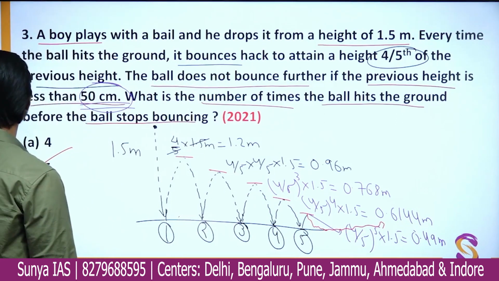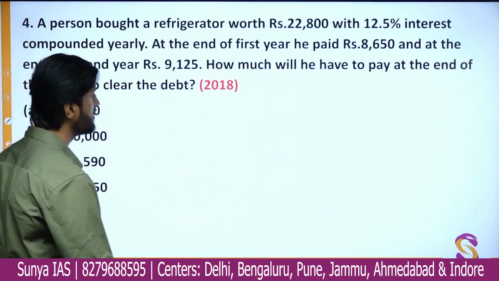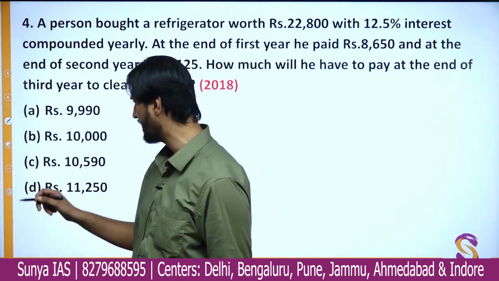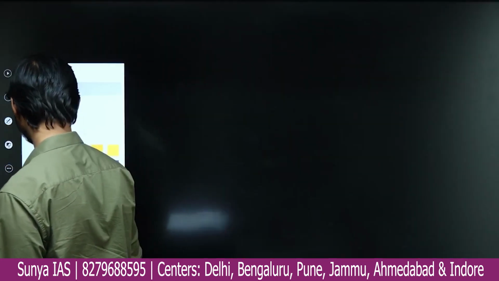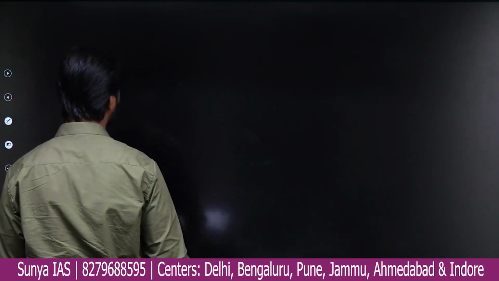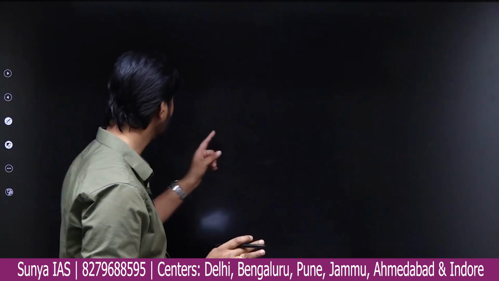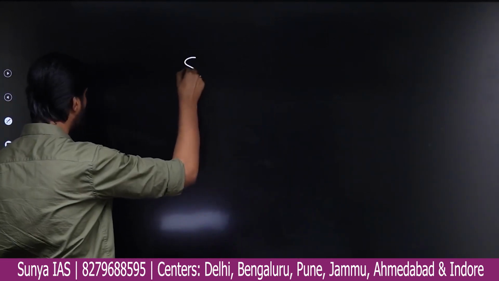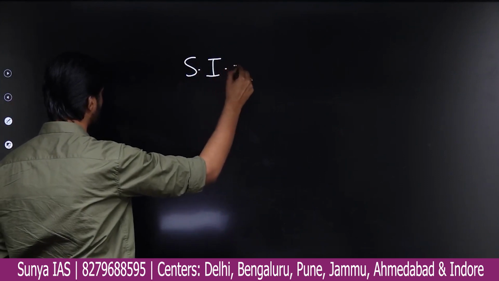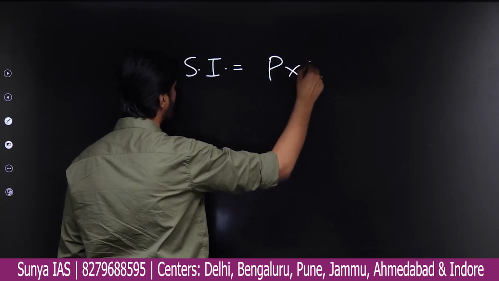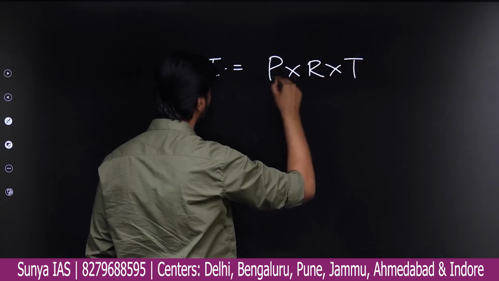Now we'll move on to the next question, which involves the concept of simple interest and compound interest. So let us have a brief discussion about it. So you must know the idea of interest. Interest is the amount you earn as profit when you lend money, right? So here we have the idea of simple interest, and the formula is nothing but P into R into T by 100.